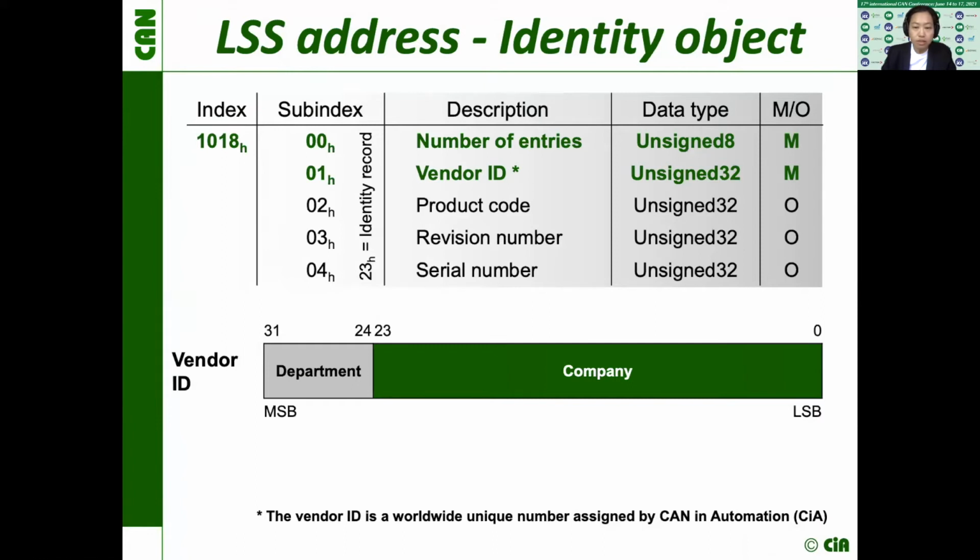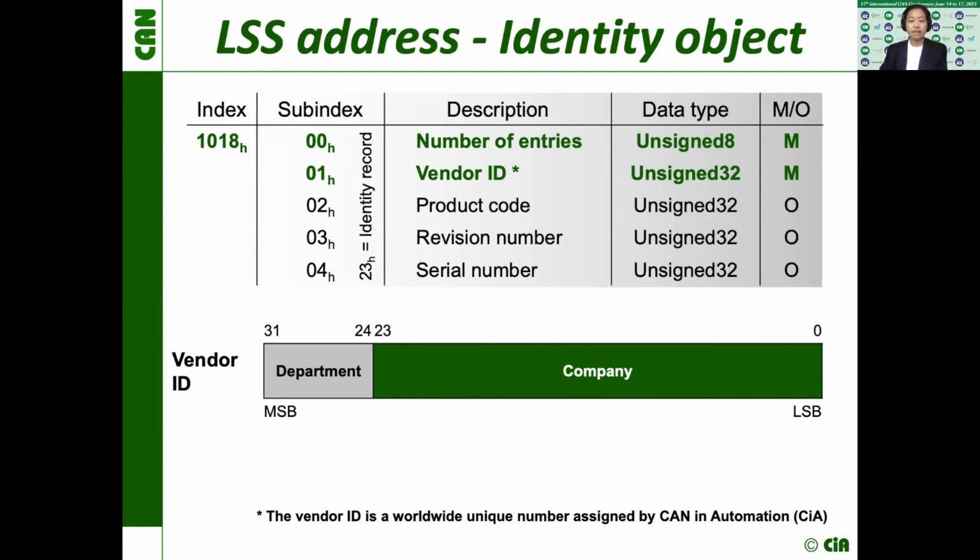Before we talk about the service, when it comes to node ID assignment by this service, a basic requirement for participating devices is the availability of the 1018h identity object, which is defined in the CiA 301 specification.